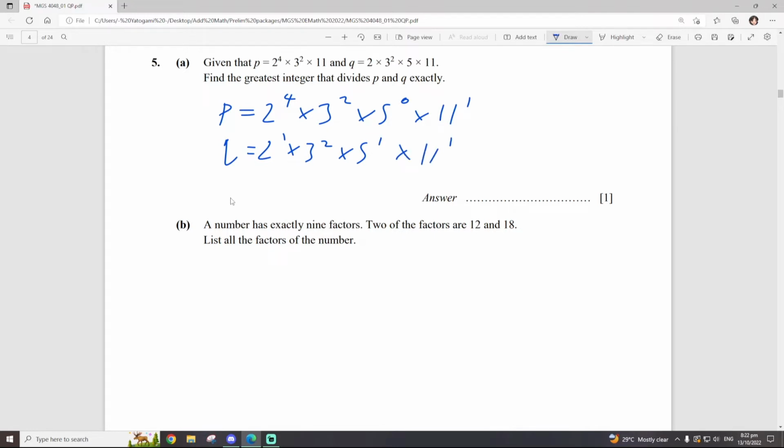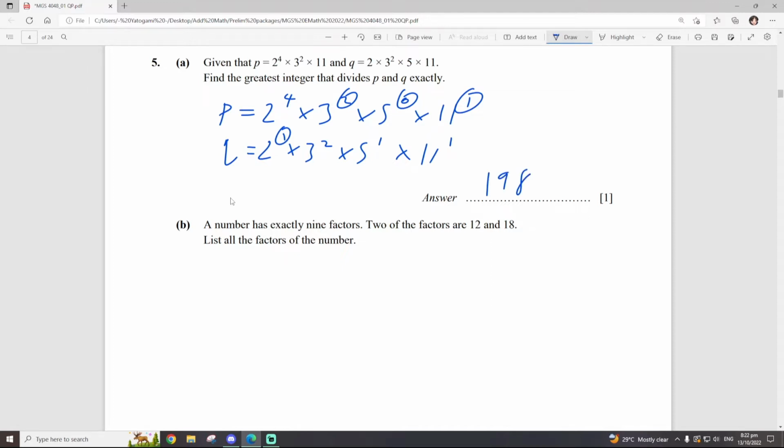To get the greatest common factor, you take the smaller power from each of the prime factors. So that's this one. This one doesn't matter. This one and this one doesn't matter also. So it's just 2 times 9 times 11, which is 198.